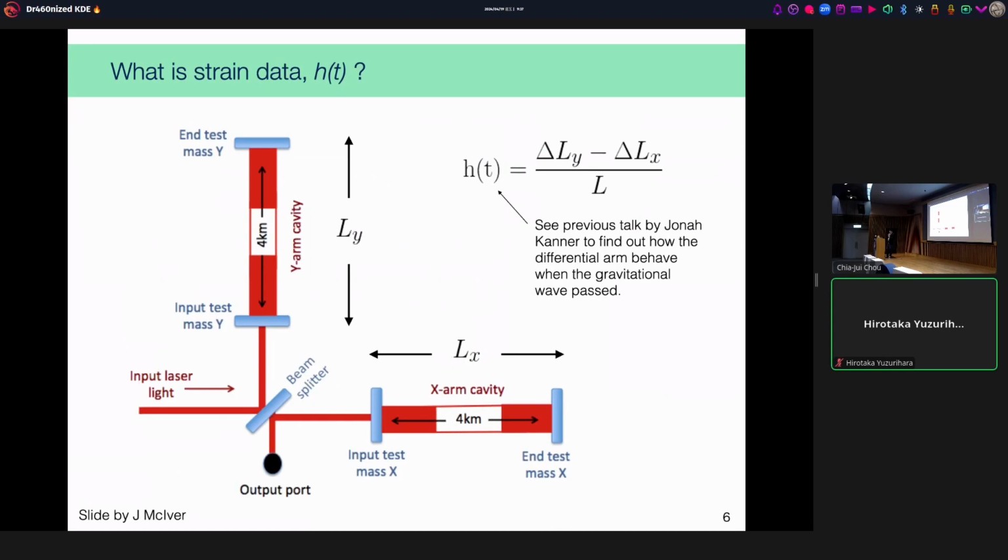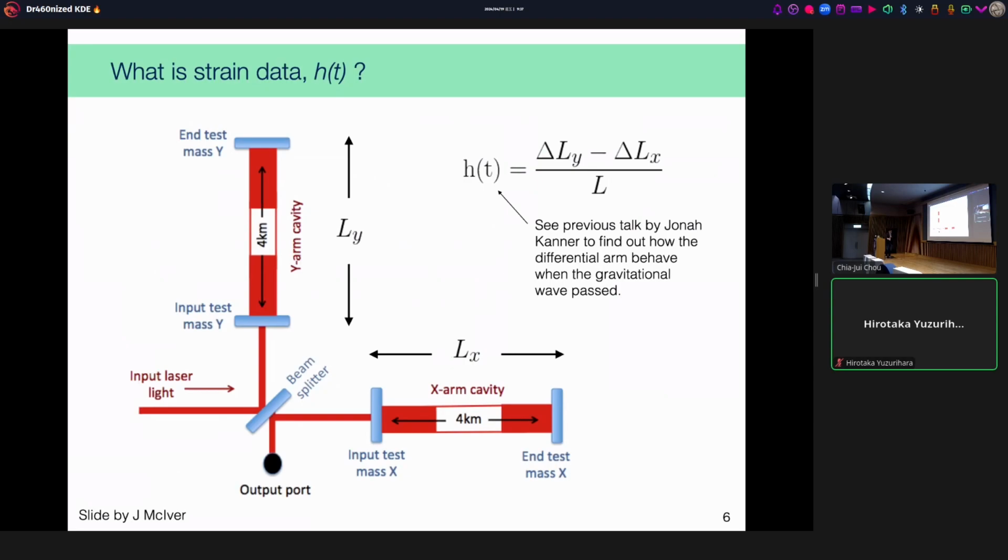As you know, gravitational waves are detected by the principle of the Michelson interferometer. The input laser from the left side enters the beam splitter and is split in a perpendicular way to the X arm and Y arm. It propagates 4 kilometers, and there's a Fabry-Perot cavity to enhance the sensitivity. The beams are reflected, interfere at the beam splitter and go to the output port.